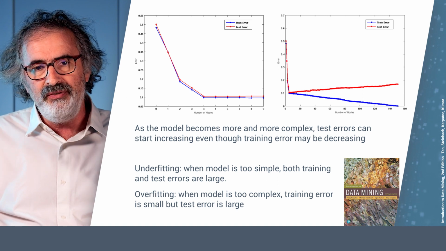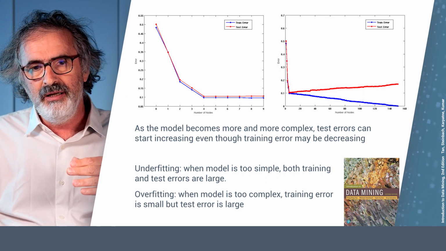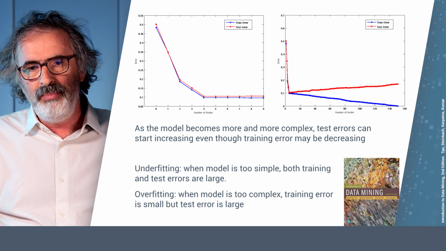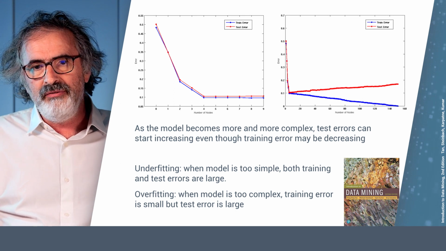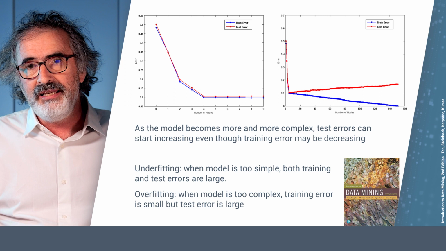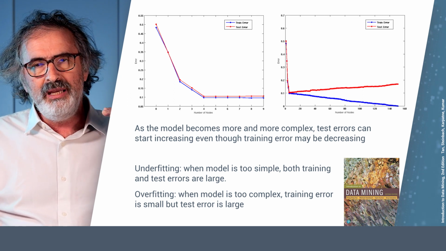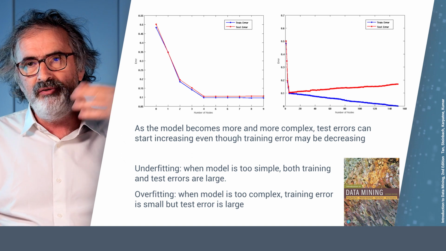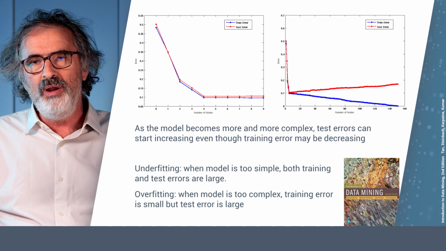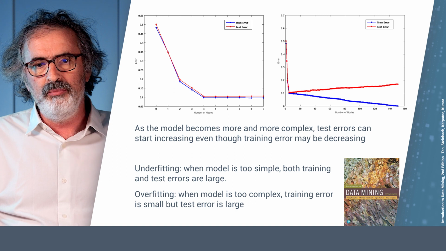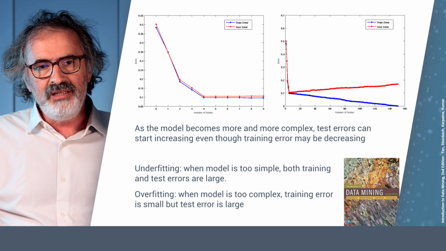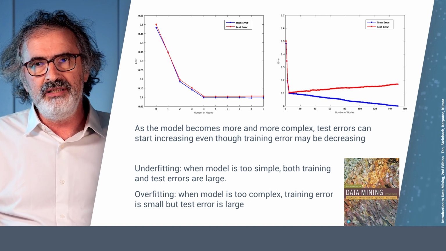And we obtain the figure on the right, where we can see that at some point the red curve, which is the curve over the test set, starts going up. In other words, we're making more and more mistakes over the unseen data with the rules which are becoming more and more complex. So this is the phenomenon of overfitting.